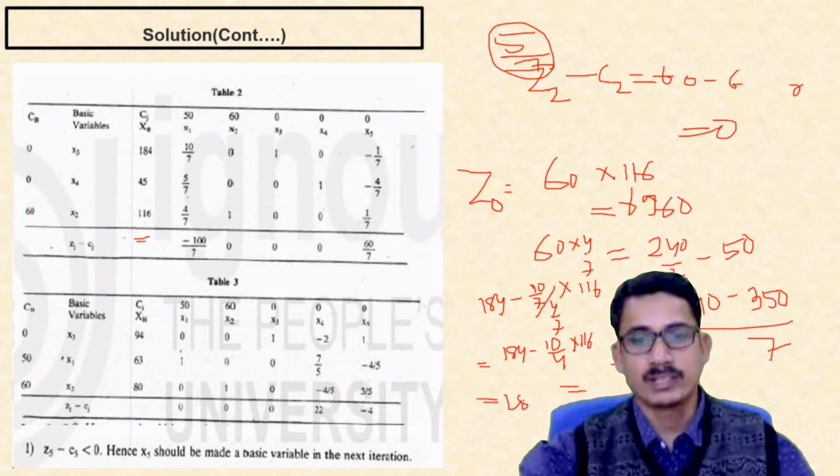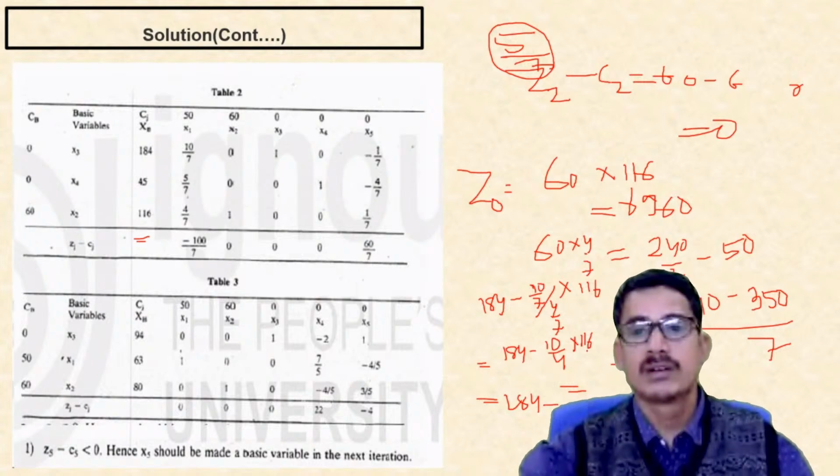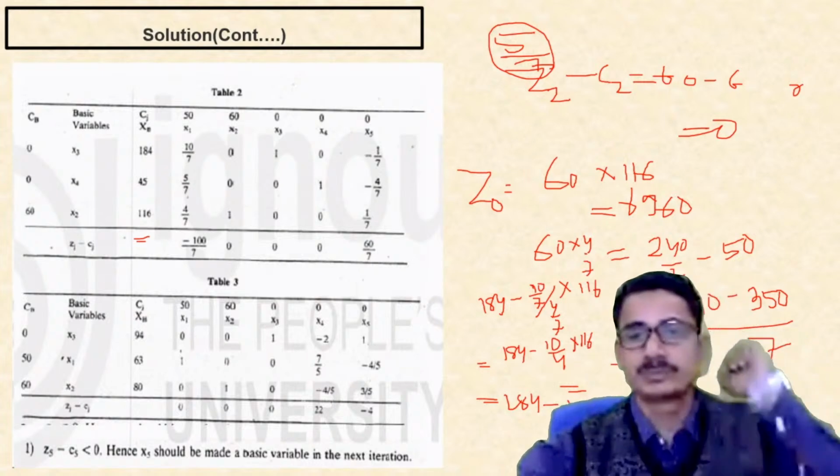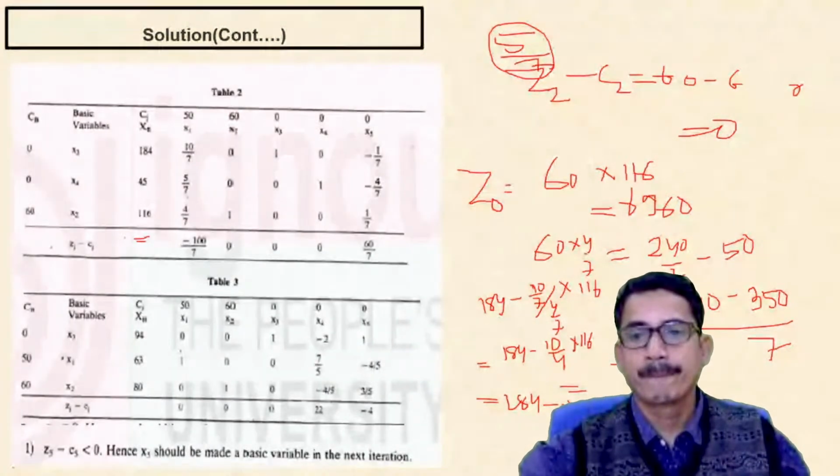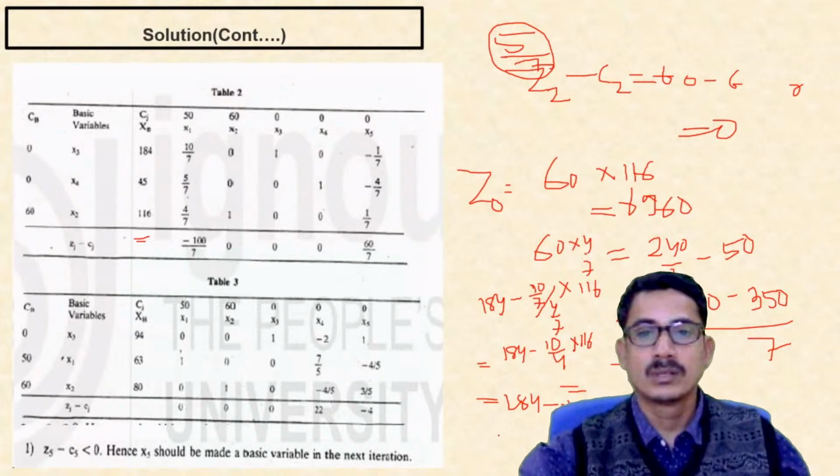It will be 184 minus 10 into 29, which will give 94.